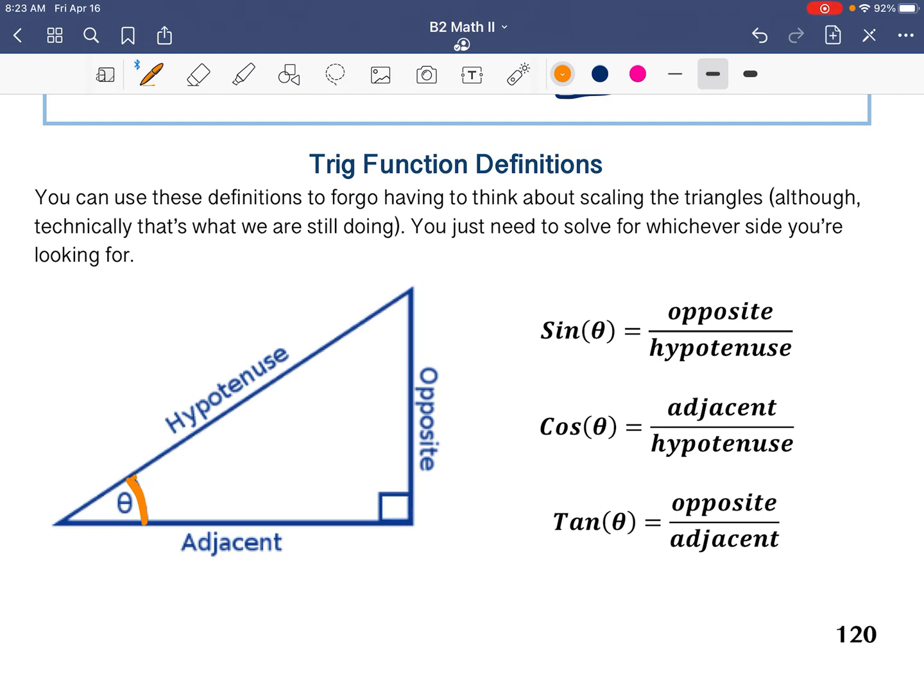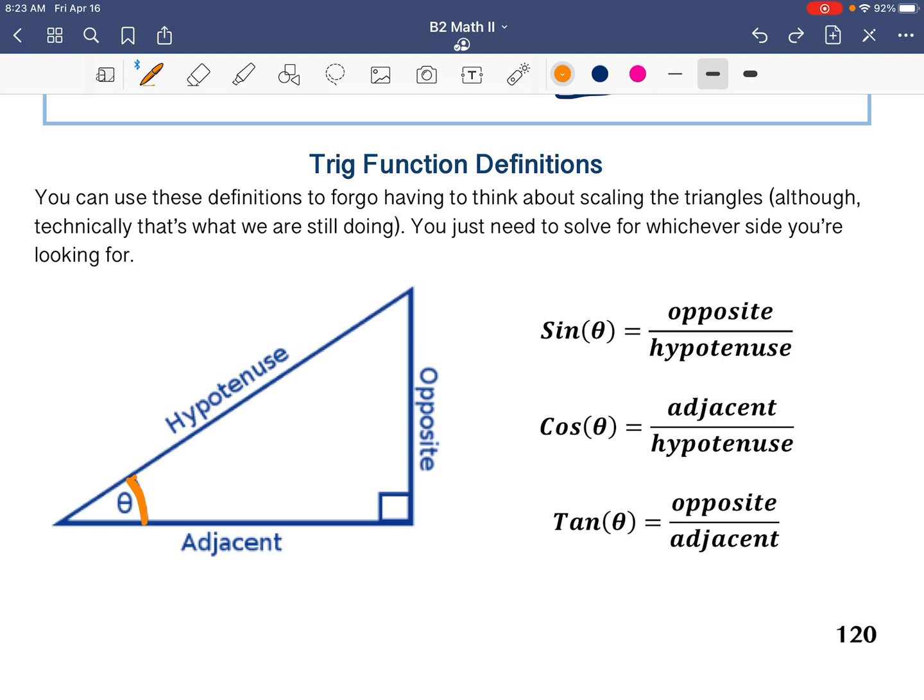The other two, the opposite is going to be opposite the reference angle. So again, I sort of think of a flashlight, this is a little bit of a flashlight, and it's shining on this wall right there. So that's my opposite side. And then the adjacent side is the other one that's touching the reference angle. So adjacent is just a fancy word for next to, and so your reference angle is right next to the adjacent side.